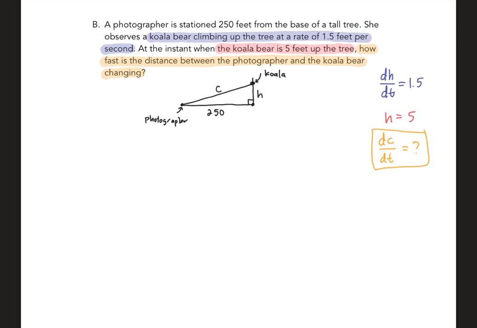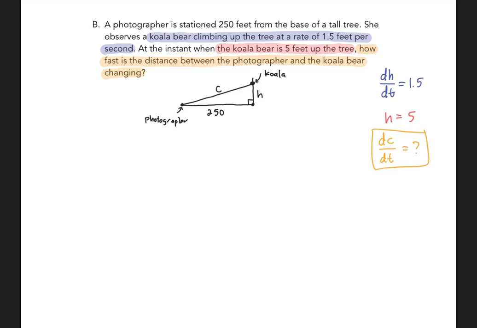A lot of times when you have a right triangle, you're either going to do the Pythagorean theorem if you're focusing on the sides, or if there's an angle involved, you might do SOHCAHTOA. It's also common with right triangles. But okay, we'll do the Pythagorean theorem.